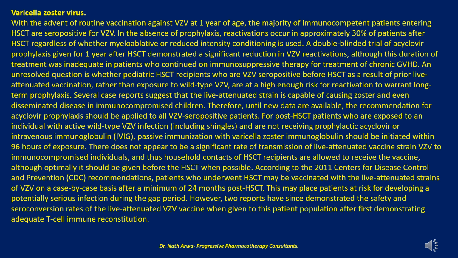According to the 2011 Centers for Disease Control and Prevention (CDC) recommendations, patients who underwent hematopoietic stem cell transplant may be vaccinated with the live attenuated strains of varicella zoster virus on a case-by-case basis after a minimum of 24 months post-hematopoietic stem cell transplant.